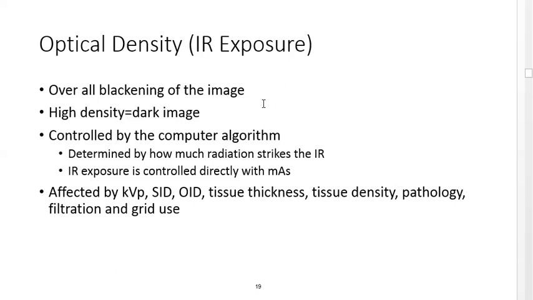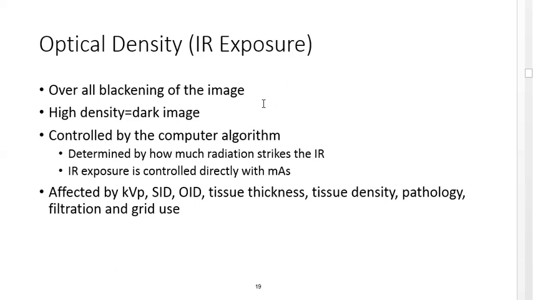KVP can control it, but KVP again controls the differential absorption inside of the patient. As KVP goes up, we get more penetration and less absorption. So it can change the imaging characteristics of your X-ray beam as well. So we don't say KVP controls image receptor exposure because we should not be using KVP to control image receptor exposure. We say that it affects it.